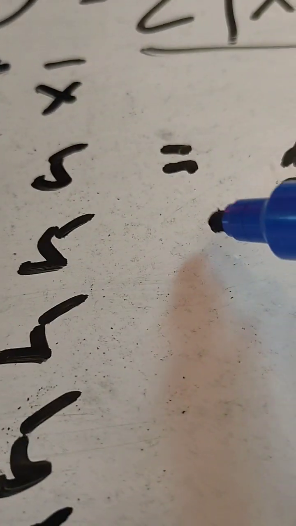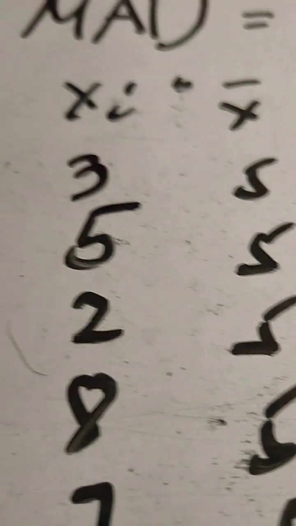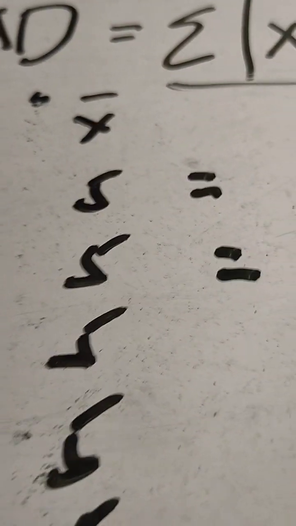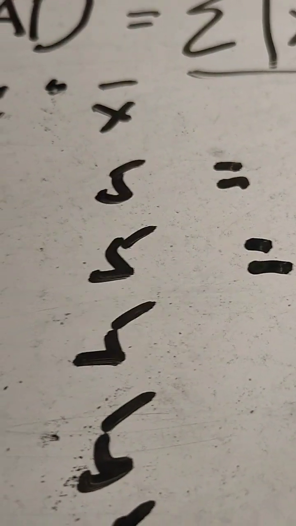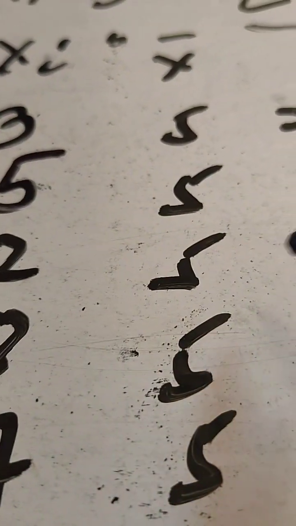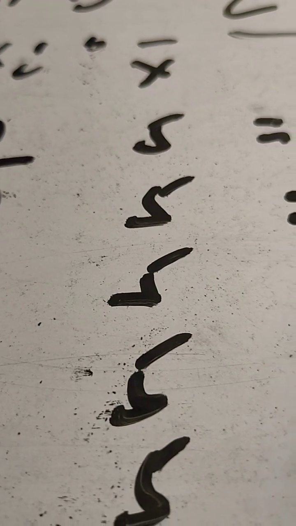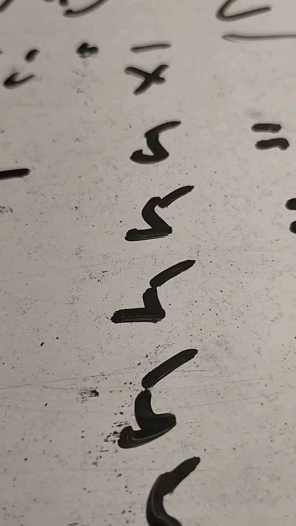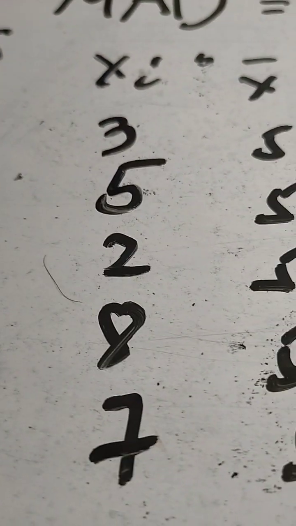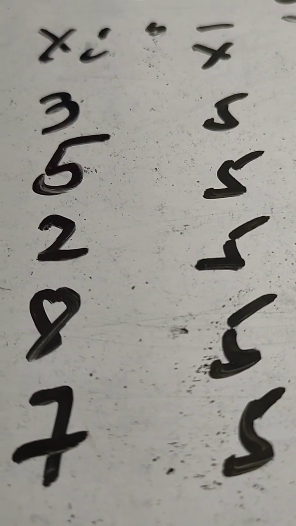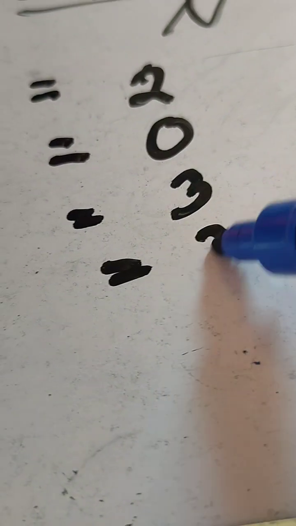So, let us make the absolute value immediately so we will not waste time. So, 5 minus 5 is 0. Then, 2 minus 5 is negative 3. That is 3 because it's absolute. Then, 8 minus 5, it's 3. And then, the last one is 7 minus 5, which is 2.